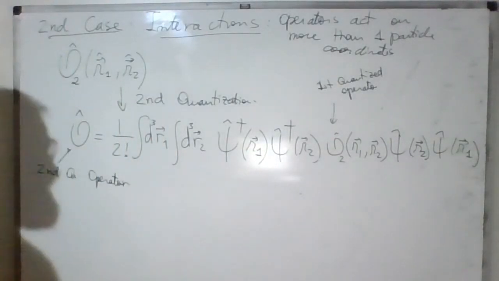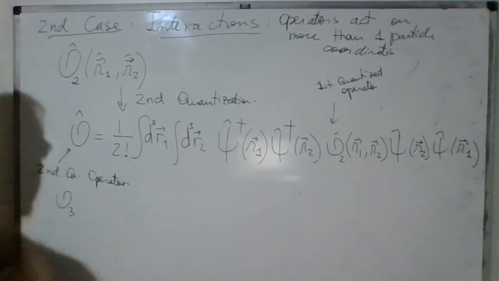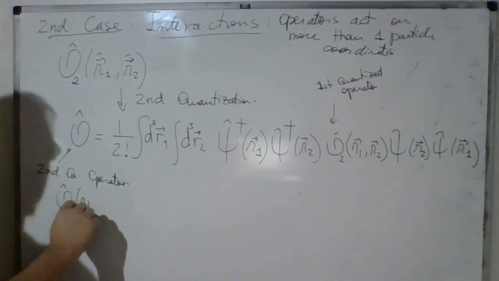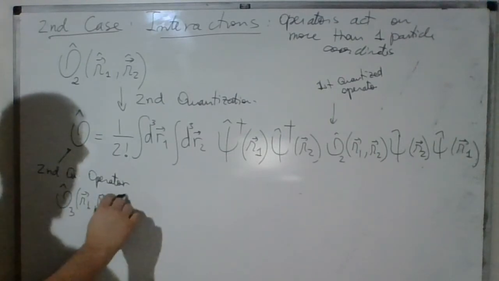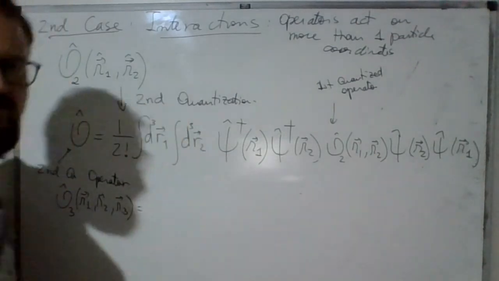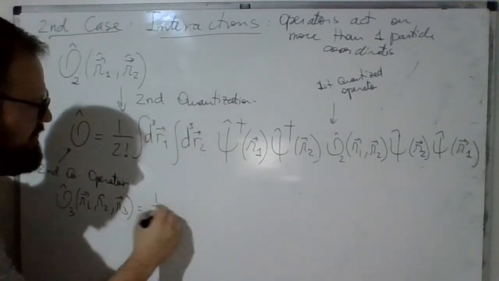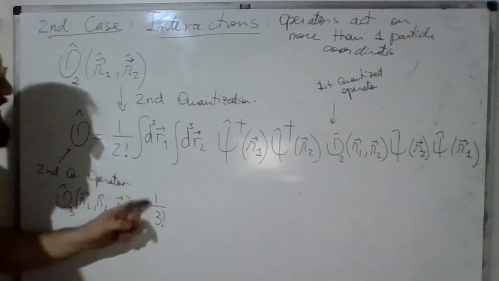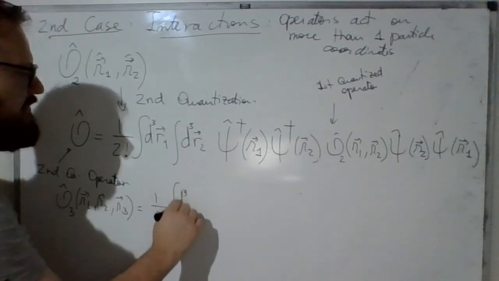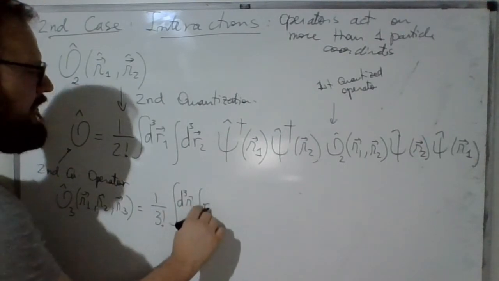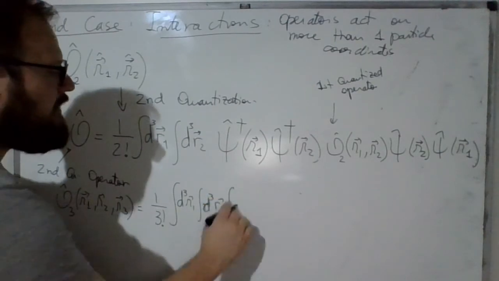You could have, it is not usual, but you could have a three-particle operator, depending on the coordinates of particles 1, 2, and 3. And what you need to do, it is a recipe: divide it by 3 factorial, integrate over all the coordinates R1, R2, and R3.